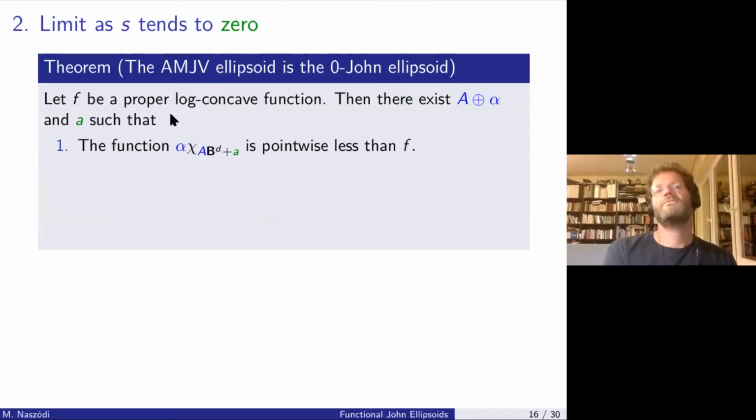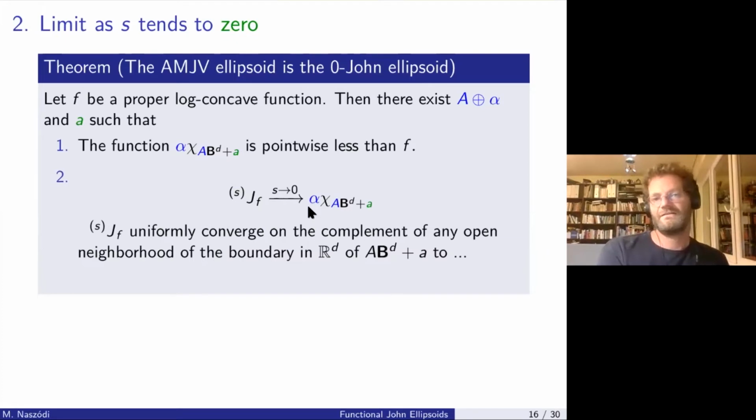So here's the theorem. Let F be a log-concave function. Then you can find an A and an alpha, and a translation vector a in R^d, such that if you take this ellipsoid, AB plus little a, times alpha, then this thing will be pointwise less than F. And the John S functions, as S tends to 0, will tend to this characteristic function.